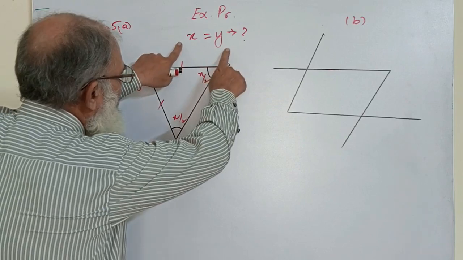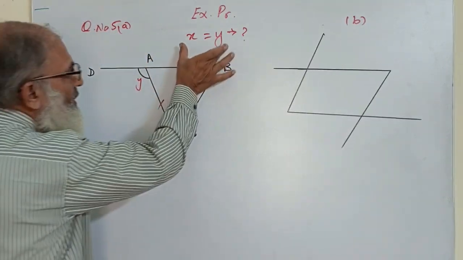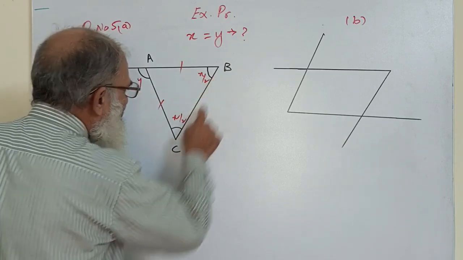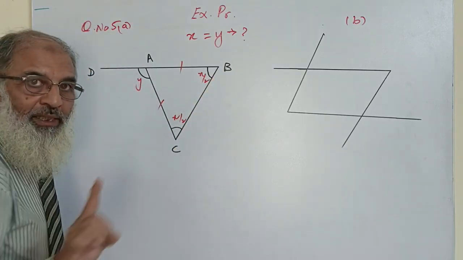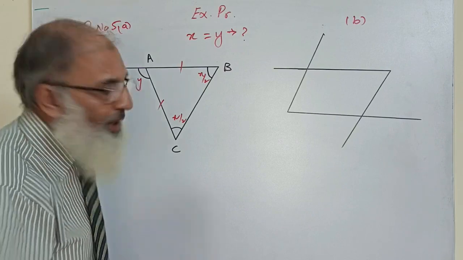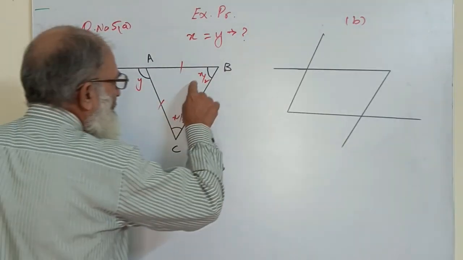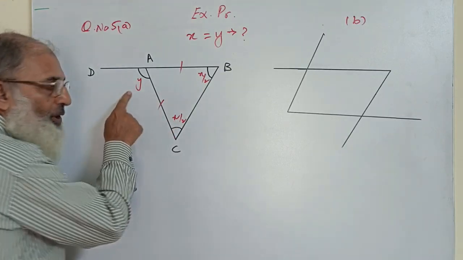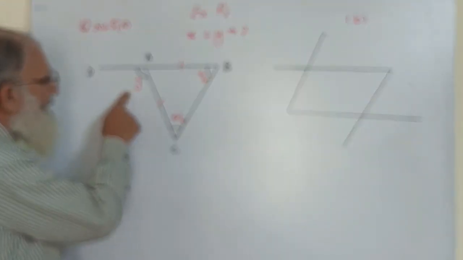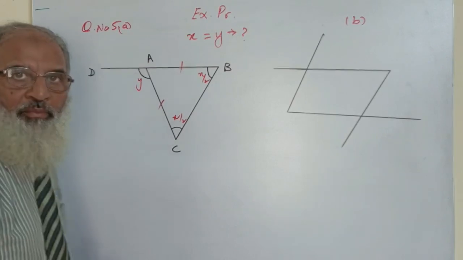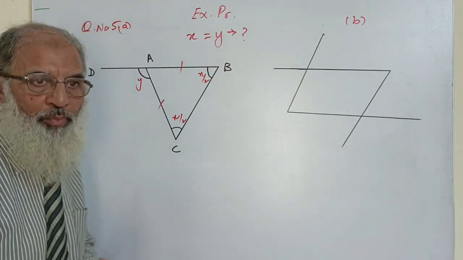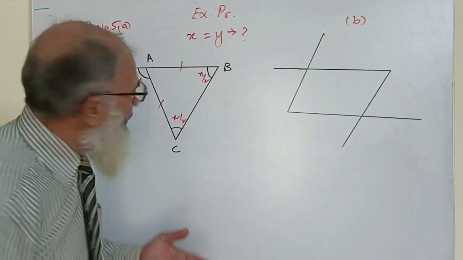Now, the original question is why x is equal to y, because it is a postulate that the sum of two interior angles is equal to the exterior angle opposite to them. So both statements are being satisfied over here.